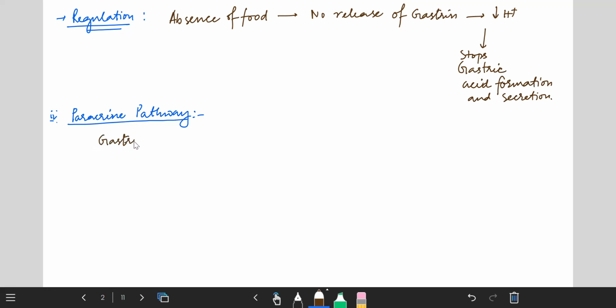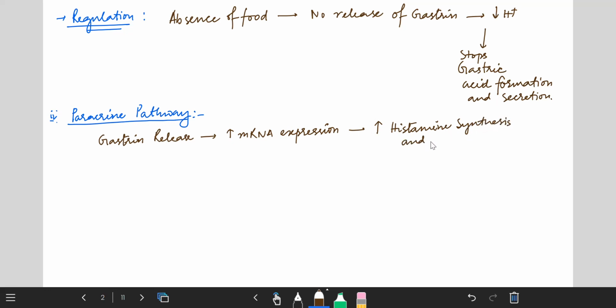So if there is gastrin release, that will obviously increase the mRNA expression, which then causes an increase in the histamine synthesis and release. Then this histamine binds with the H2 receptor, which is present in the parietal cells, and it stimulates the parietal cell activity.